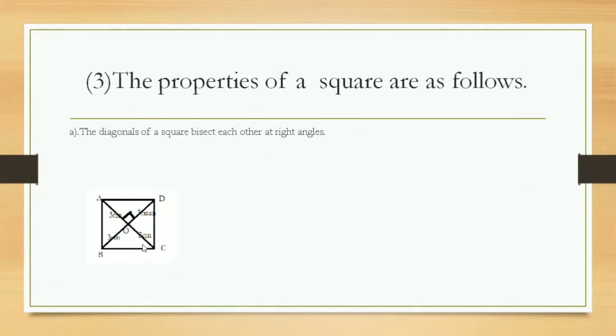Suppose one diagonal is 6 centimeter, another diagonal, obviously, will be equal. When they cut each other, they will bisect. One part is 3 centimeter, another part is 3 centimeter, another 3, another 3, and they will make a 90 degree angle here. This angle 90, this angle 90, this angle 90, this angle 90, like this. They are cutting each other, making a 90 degree right angle. That means each diagonal of a square bisects the angle of the square.